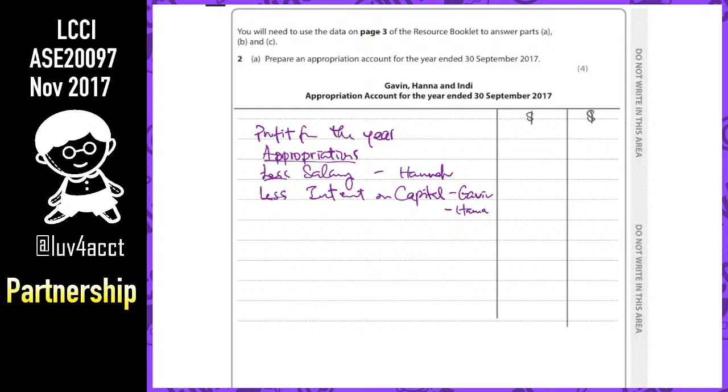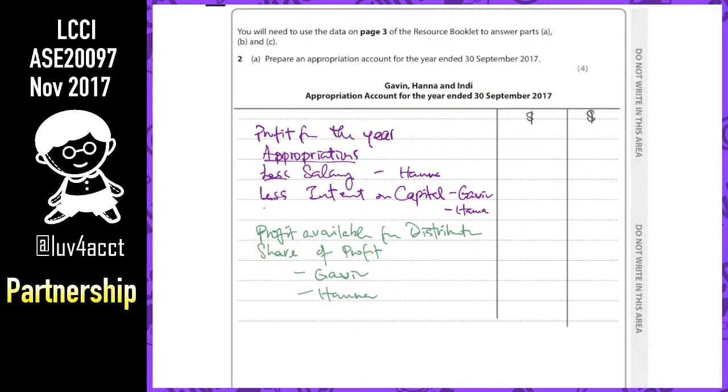And then profit available for distribution, and then share of profit, 2:1 for Gavin and Hannah.